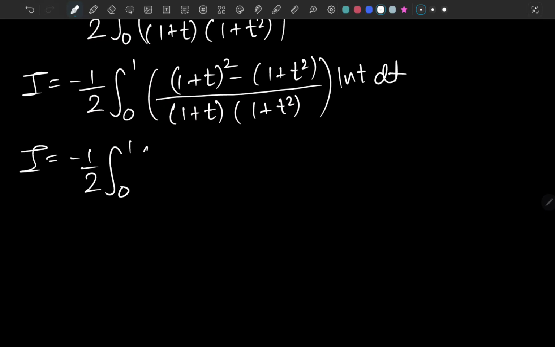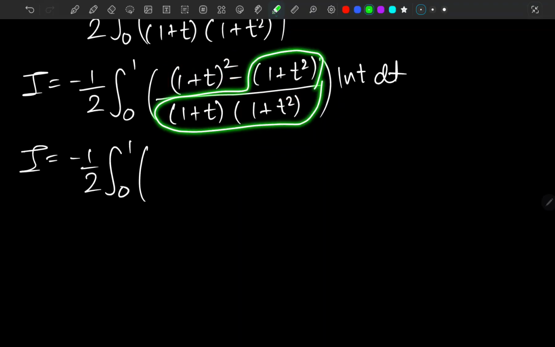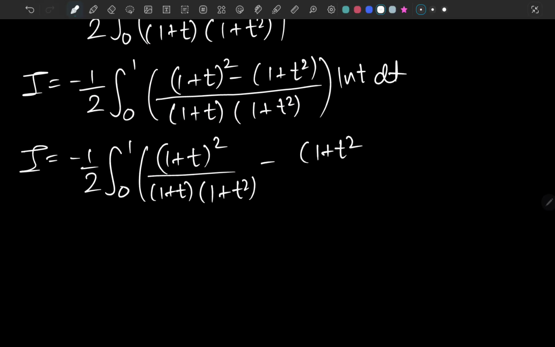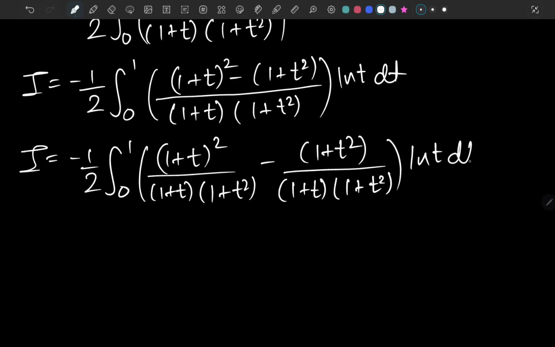Okay, now we can just split this into two separate things, something like this one, and the other one would be this one. So now onwards we are just going to do (1 plus t) whole squared over (1 plus t) times (1 plus t squared), minus (1 plus t squared) over (1 plus t) times (1 plus t squared), whole times ln t dt.